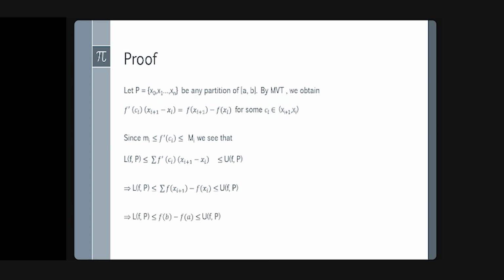Which eventually means L(f, P) is less than or equal to the summation of f(x_{i+1}) minus f(x_i), the telescopic sum, which is less than or equal to the upper sum. That is, L(f, P) is less than or equal to f(b) minus f(a), which is less than or equal to U(f, P).